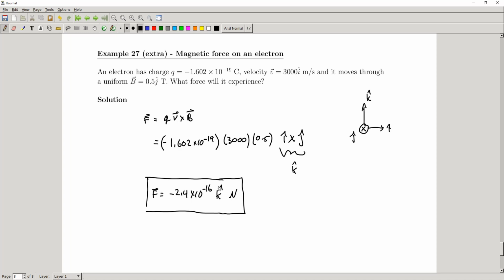Now, will this actually point in the k hat direction? Well, no. It has a minus sign, so it's actually going to be a force pointing down in this direction. But whether we have a minus sign here or here doesn't really matter. In the end, this thing is going to point with this magnitude in the negative k hat direction because we pick up this minus sign, and that shouldn't be surprising because our charge is negative as well.